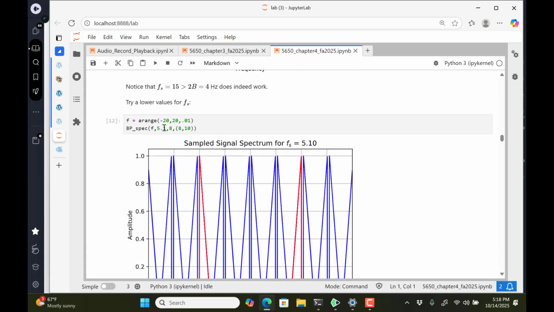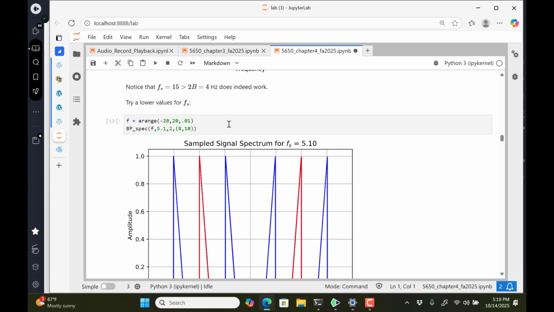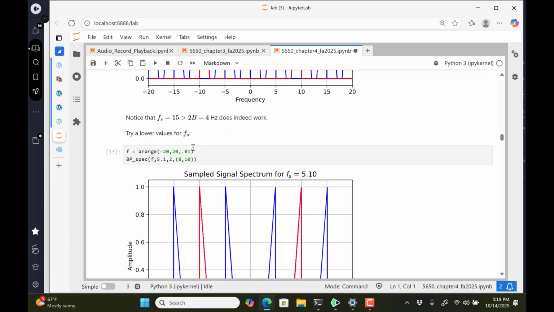Like if I was to say, well, I'm willing to sample. Let me show you what happens if I don't put enough translates in. Suppose I only put in 2. It's kind of void. I didn't get all those periodic extensions. So you've got to be really careful when you're using this that you put in enough translates.